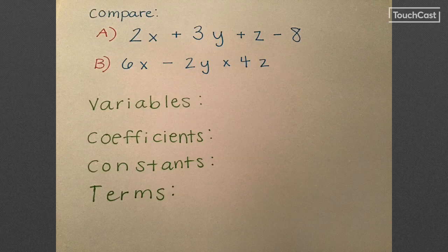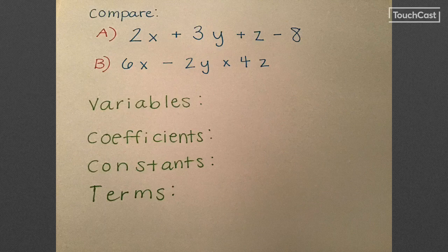For our first practice problem, we're going to compare two equations, and we're going to compare their variables, coefficients, constants, and terms. Our first equation, equation A, says 2x plus 3y plus z minus 8. Equation B says 6x minus 2y times 4z.